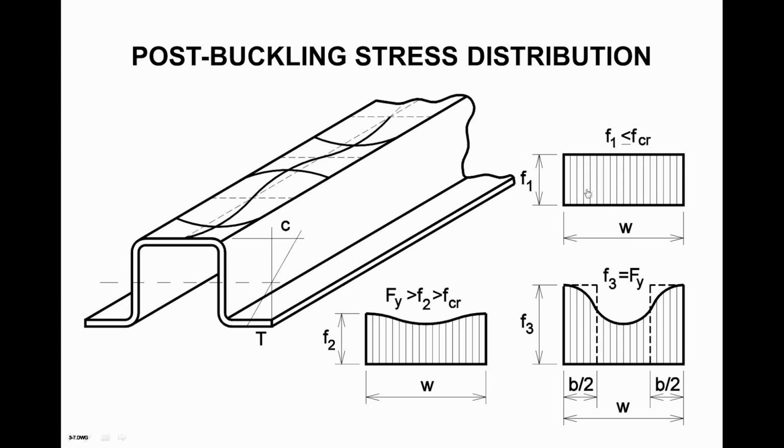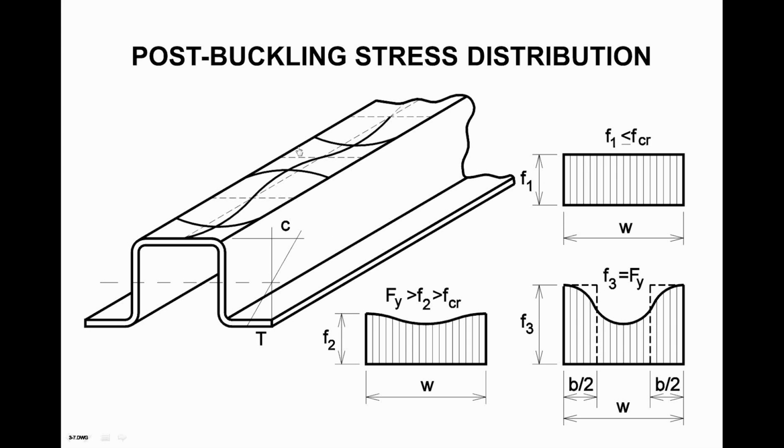Stress distribution, think of this as a measure of how much force is in this element right here. That's what this stress distribution is reflecting. I need to know how much force is in this element in order to design this section. So from an engineering perspective, I need to know the area under this stress distribution.